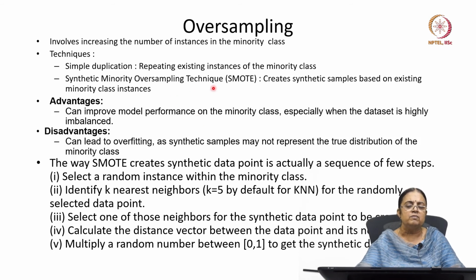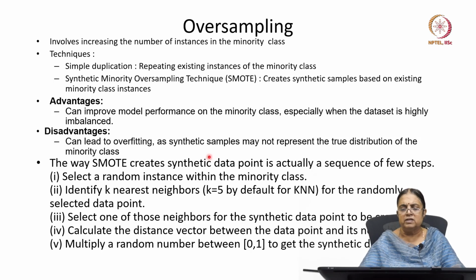Synthetic minority oversampling technique. First you select one random instance within the minority class and identify k neighbors of this. Then you select one of these neighbors at random, and you take the distance vector between this data point and that neighbor, and you get one value which is on that line.